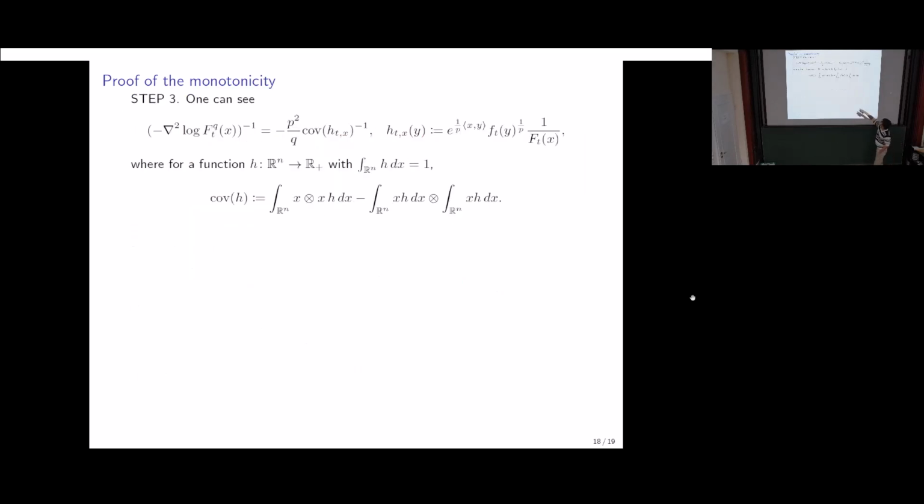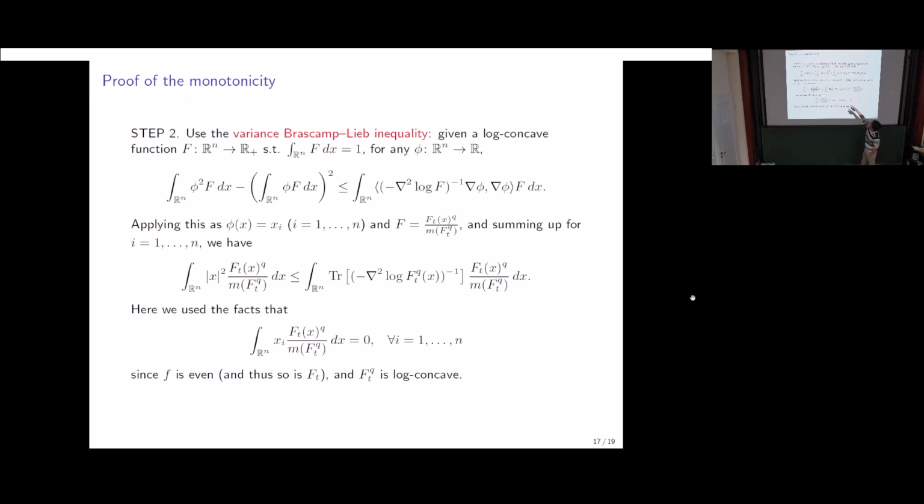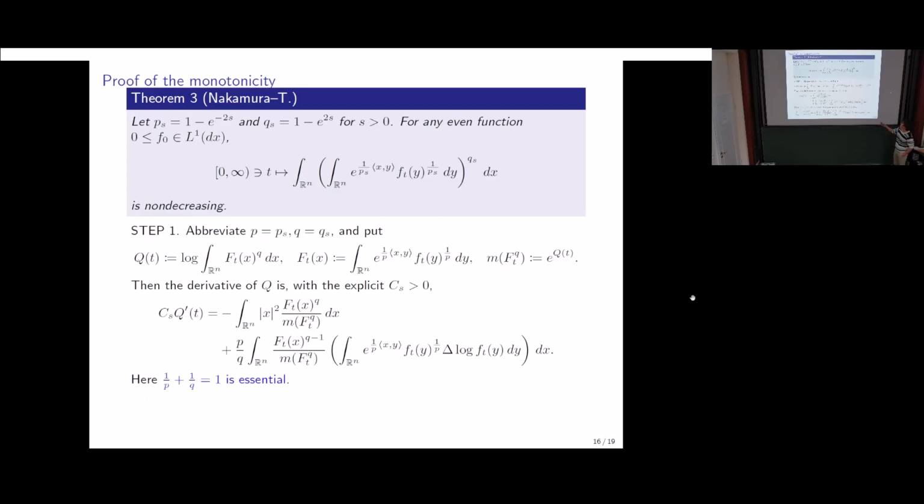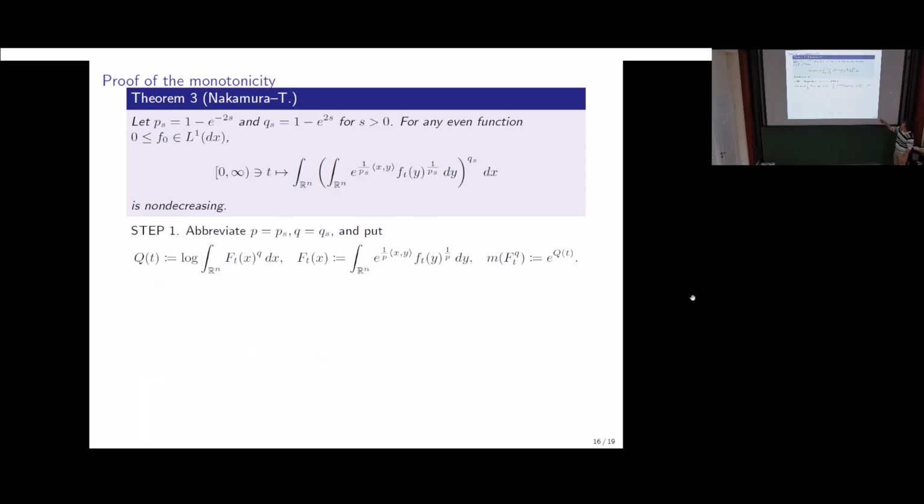And so the second term of the left-hand side vanishes if we use the evenness. Therefore we can apply the Brascamp-Lieb inequality and obtain the desired conclusion. Yeah, that is a brief proof of the monotonicity.